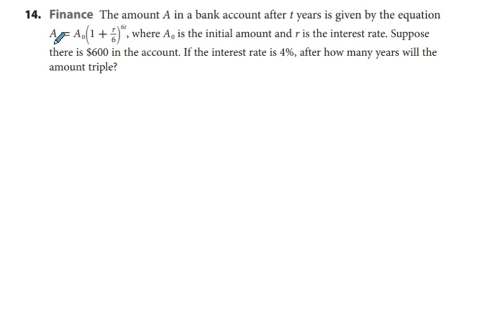For 14, it says how long to take the $600 to triple. So you can let a sub 0 equal 600, and then to triple, a sub t, our final amount, is going to be 3 times that, or 1800, and just work out that equation that way.